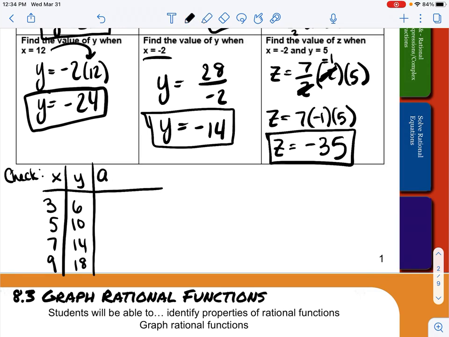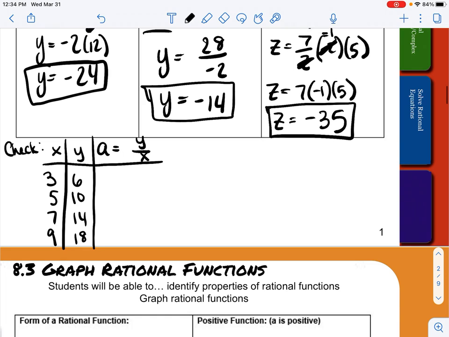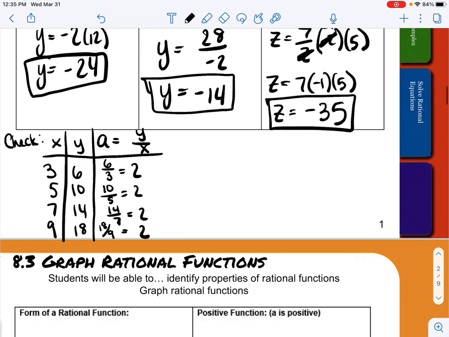Okay, so we have a equals y divided by x. We can check these. 6 divided by 3 is 2. 10 divided by 5 is 2. 14 divided by 7 is 2. 18 divided by 9 is 2. So these are all the same. This means it is direct variation.